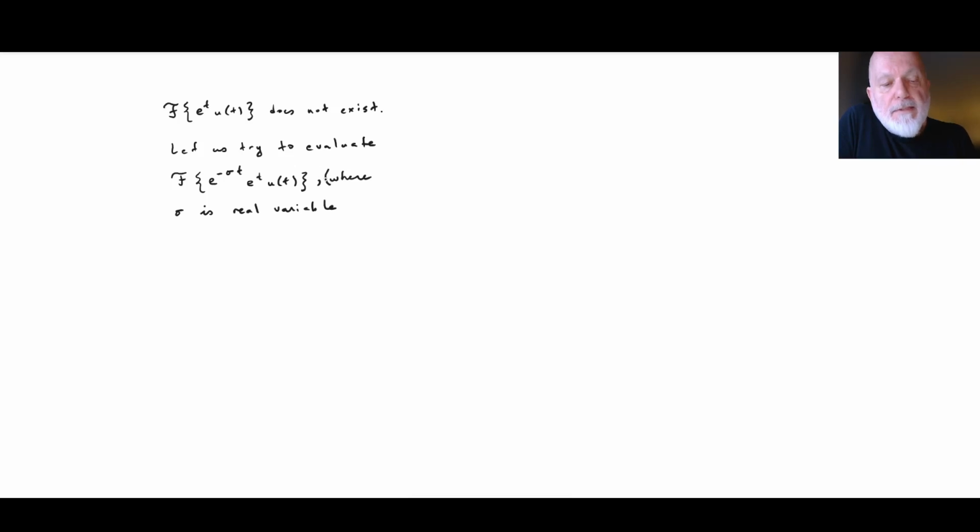Okay, let me write this in quotations. Let us try to evaluate the Fourier transform of not e to t u of t, because we are not able to do that, but we multiply e to t u of t by e to minus sigma t, but sigma is not a constant, it's a variable. That is the important point.